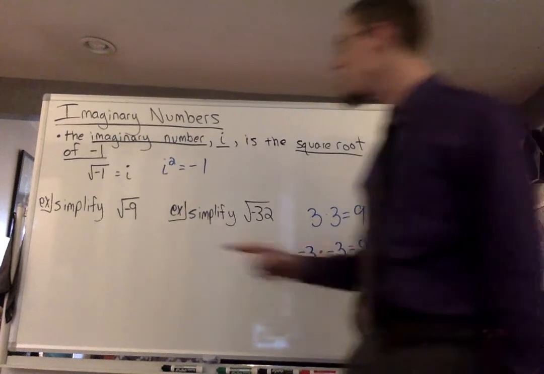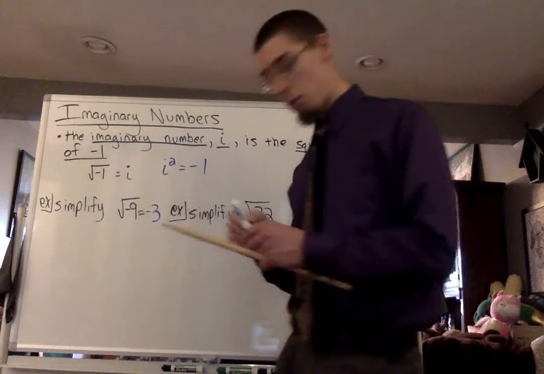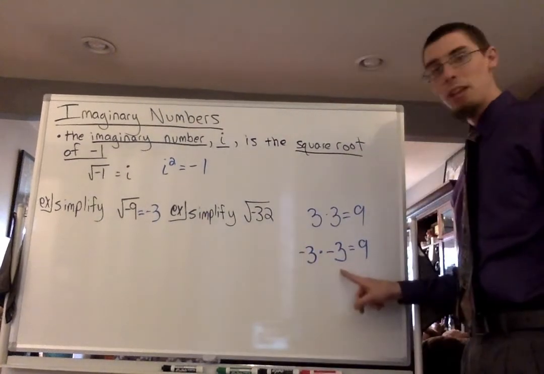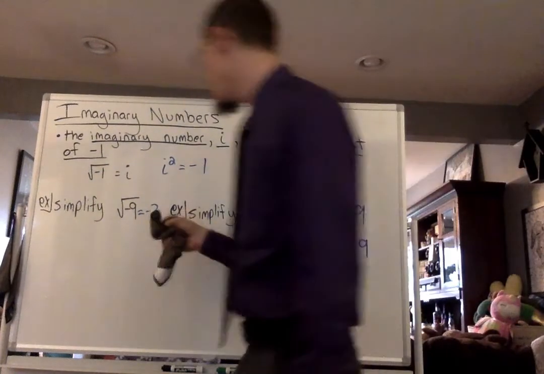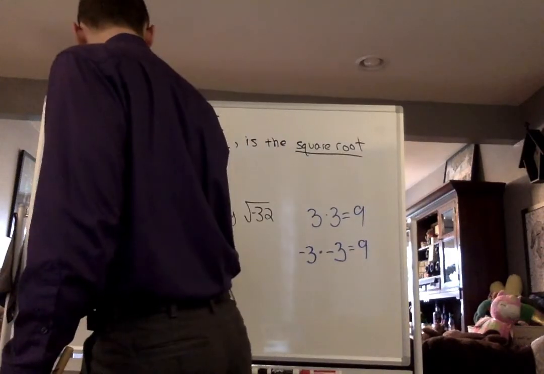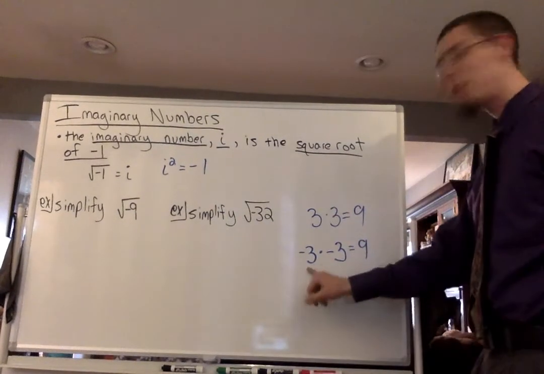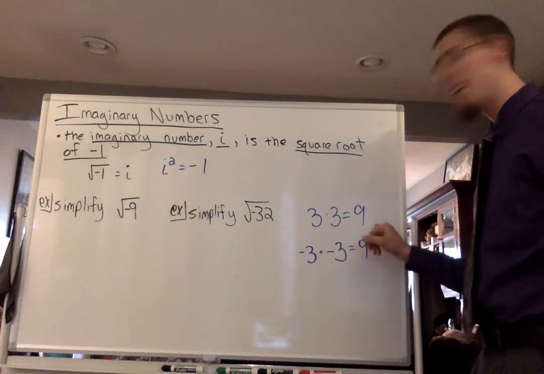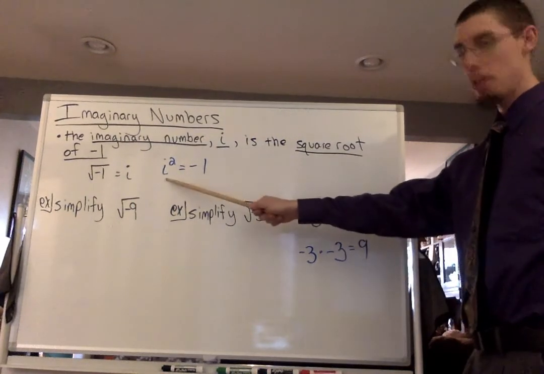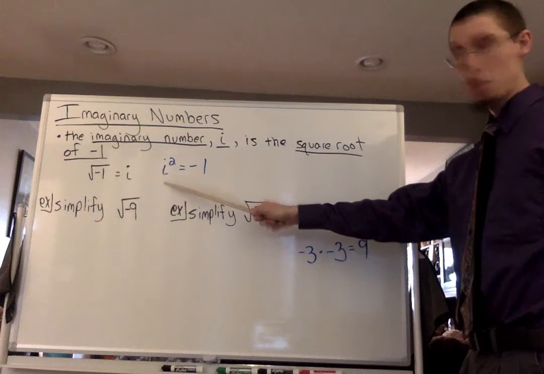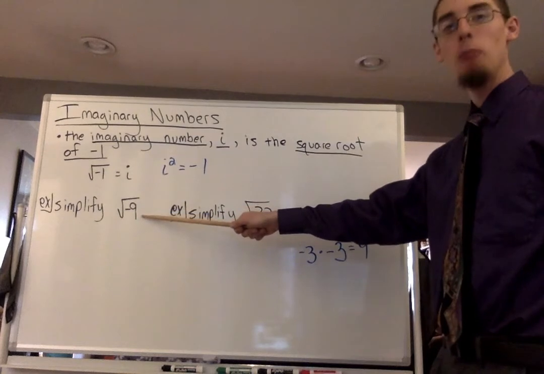So you can't just say that the square root of -9 equals -3, because -3 times -3 would give you +9, not a negative number. There's no way to multiply 2 copies of the same thing and get a negative answer, unless you have the imaginary number. When you bring the imaginary number into play, this becomes possible.